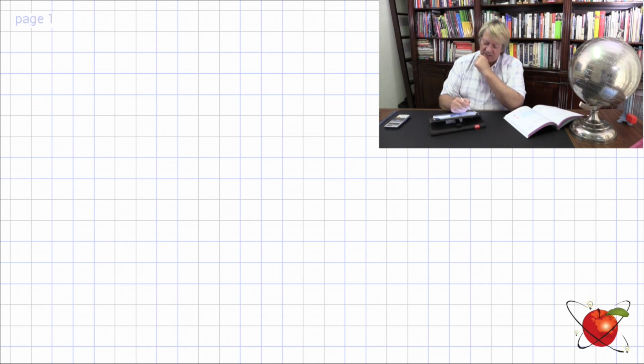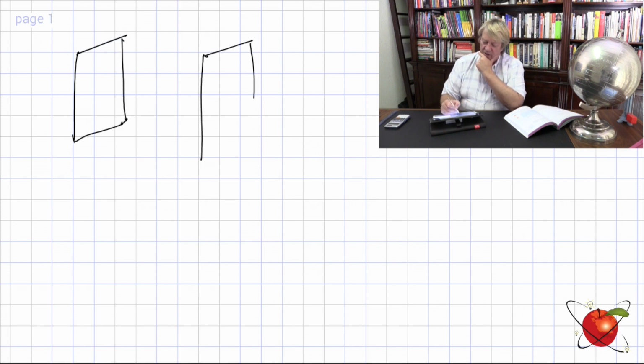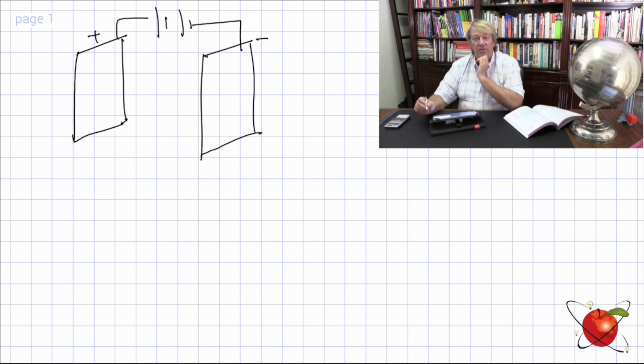If, for example, we took two square pieces of metal like that, and we connected a battery to these over here. This is the negative side, that's the positive side.